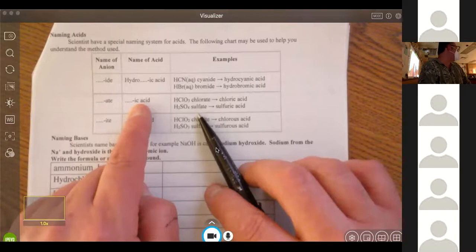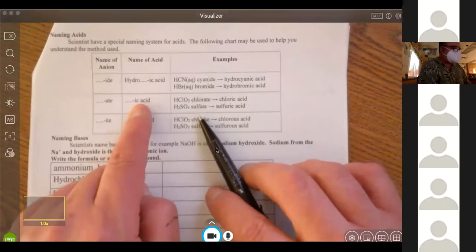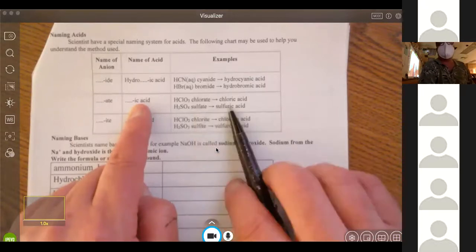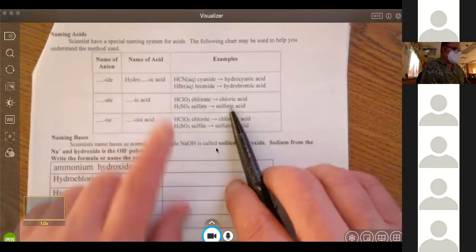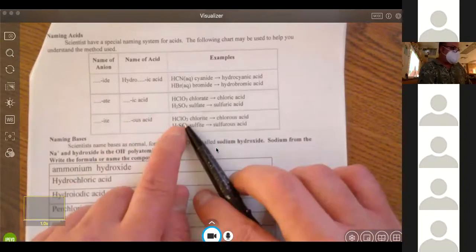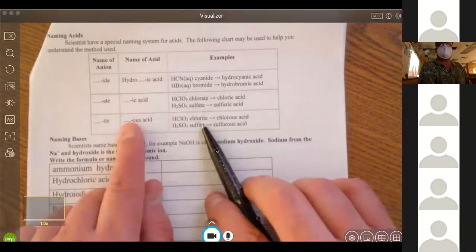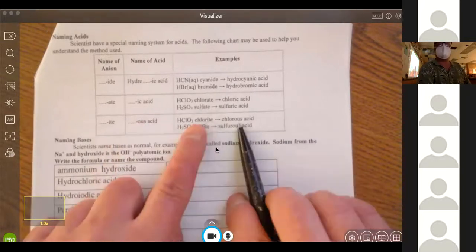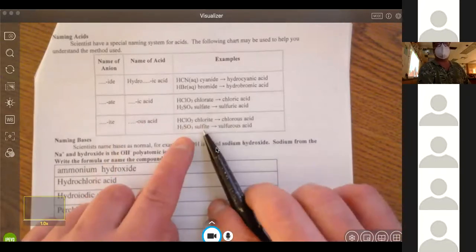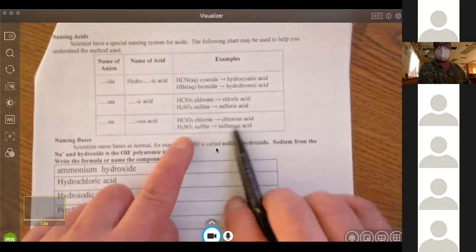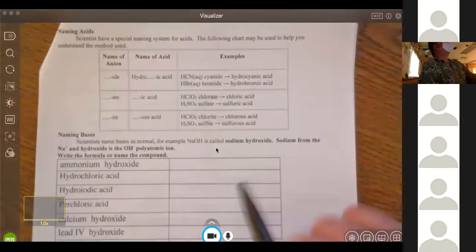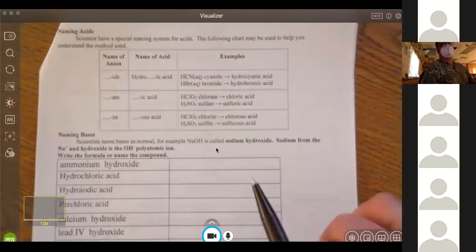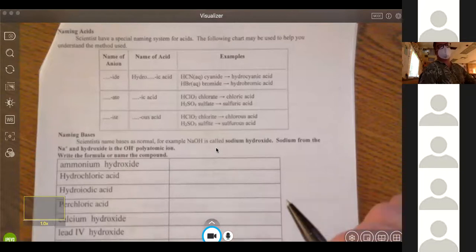Sulfuric, right? So we do a little change with sulfur. So that becomes sulfuric. And then ites become ous. So chlorite becomes chlorous. And sulfite, again, not sulfous, but sulfurous. Phosphite and phosphate become phosphorous and phosphoric. So there are a few changes there.